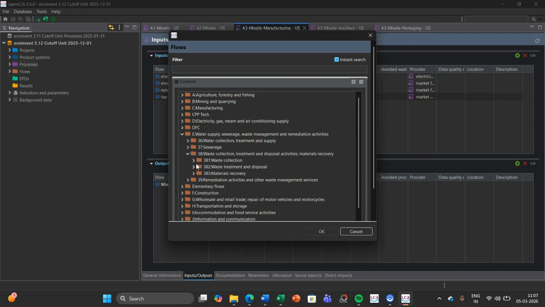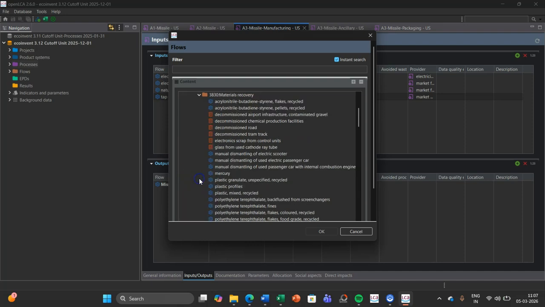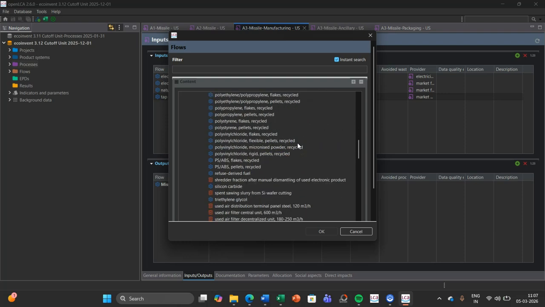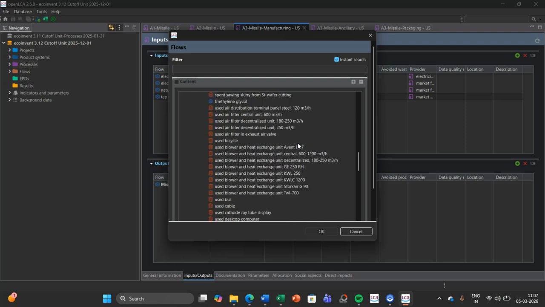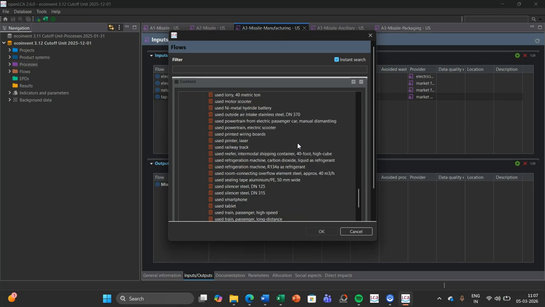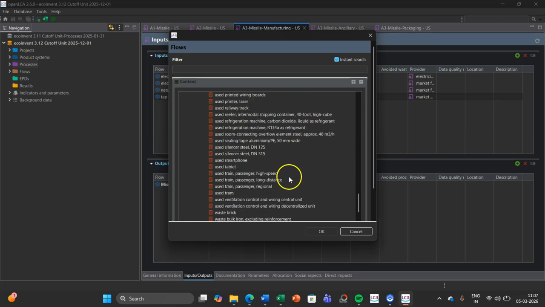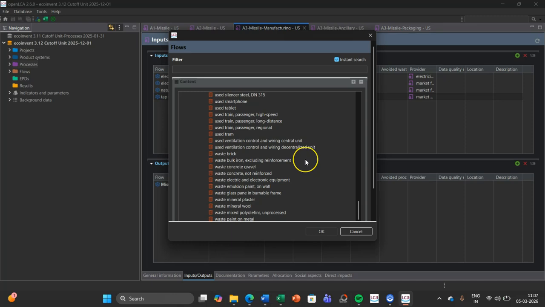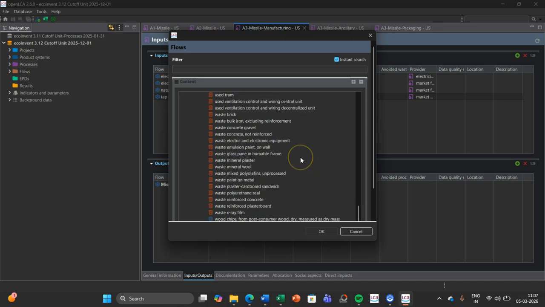Okay, materials recovery, what is that? So if it's not there, let's ignore adding the waste, right? So waste, reinforced concrete and all is there.